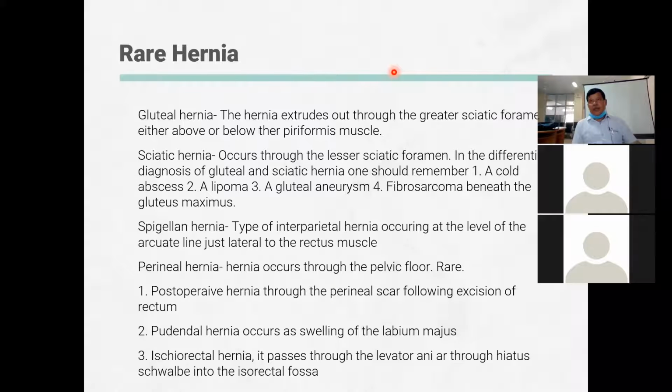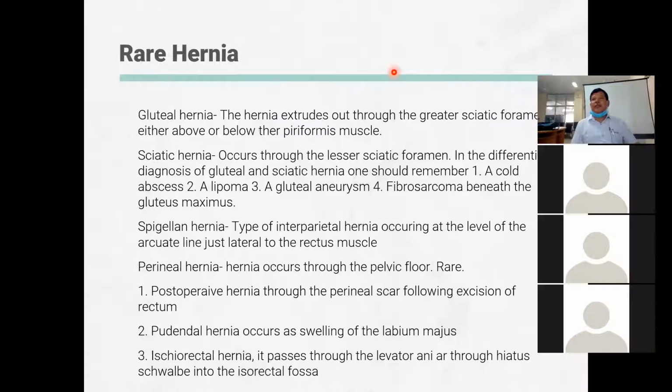And whenever the testis descends, this gubernaculum, along with a fold of peritoneum, also descends, which forms the processus vaginalis. This processus vaginalis usually gets obliterated at the level of the epididymis, and the canalization process stops in normal conditions.